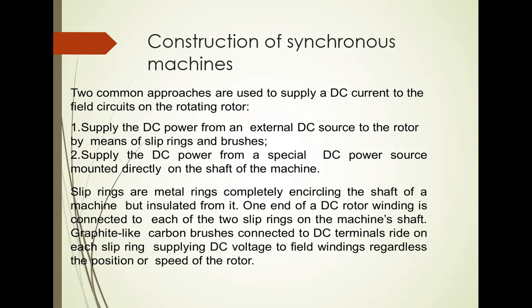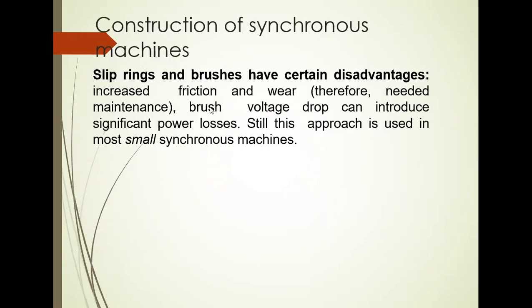In smaller or medium range machines, we can use a brushless excitation. For large machines and also for frequently operated machines, we need a DC excitation system. Slip rings are made of some material, with carbon brushes, graphite, like that.